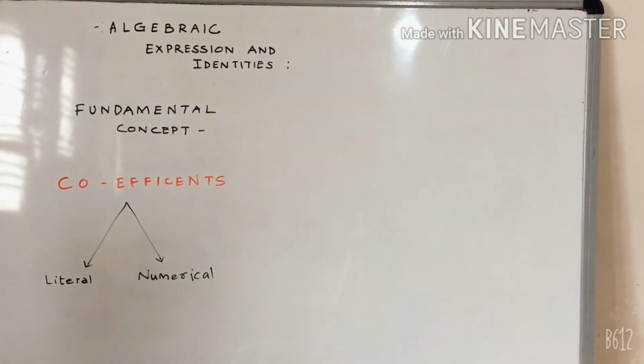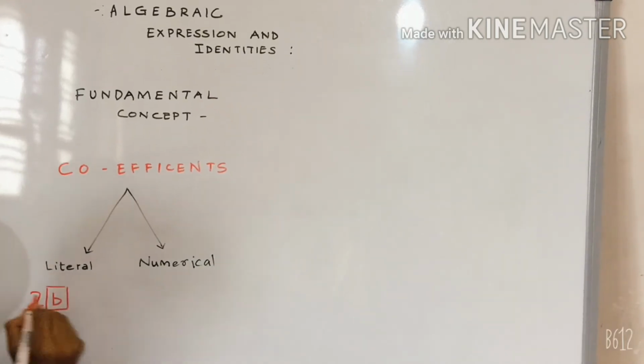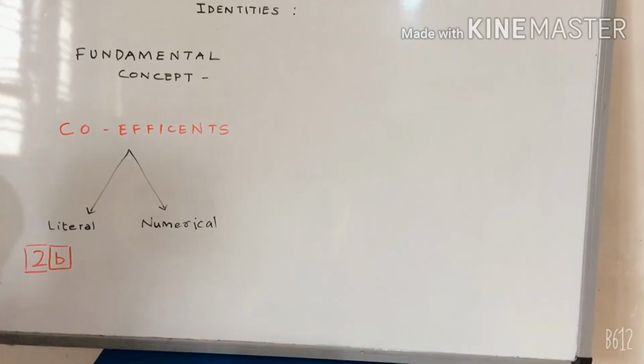What is a literal coefficient? You can see in the term 2b, the b is our variable and the 2 is the constant.